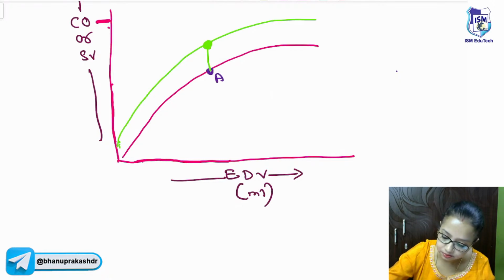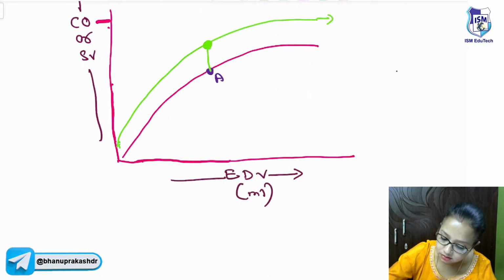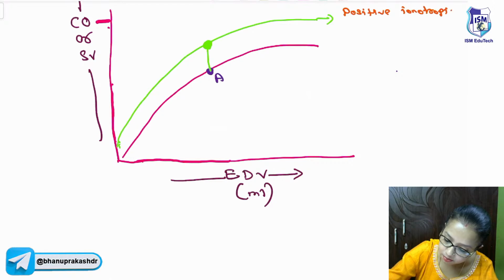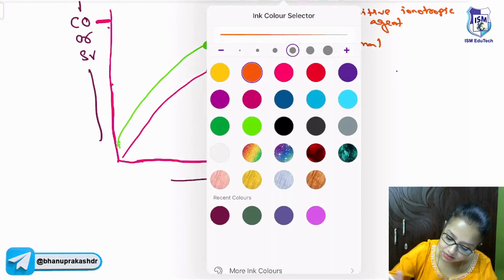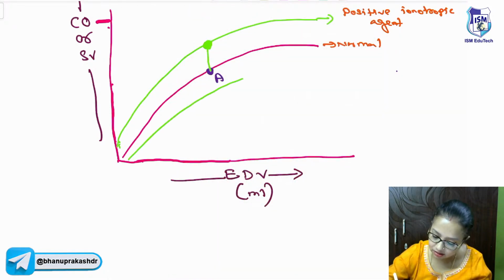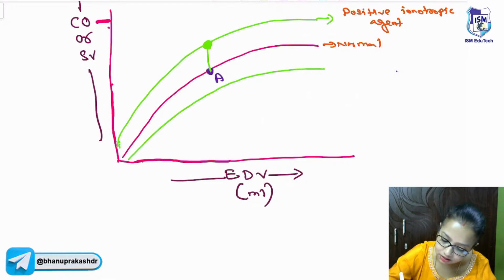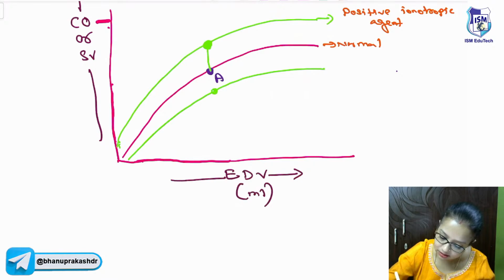It will be in the same line as the normal point. This is due to the positive inotropic agent, and this is the normal graph. Now the same thing, if a negative inotropic agent is added, then the graph will move downward, but the point will remain the same.